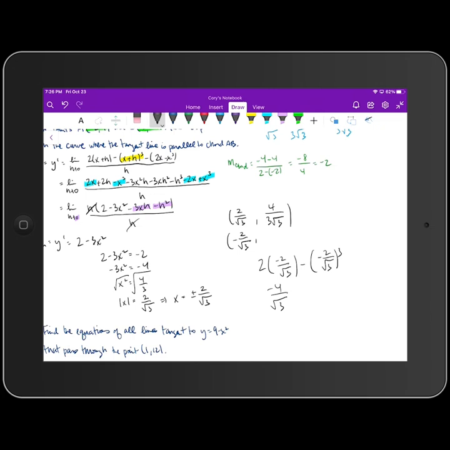The negative 2 over rad 3 cubed becomes negative 8 over 3 rad 3, but when I subtract that, that becomes plus 8 over 3 rad 3. And then my common denominator again is 3 rad 3. So this would become negative 12 plus 8, which is negative 4 over 3 rad 3. Okay, so those are your 2 points where the tangent line is parallel to that chord.